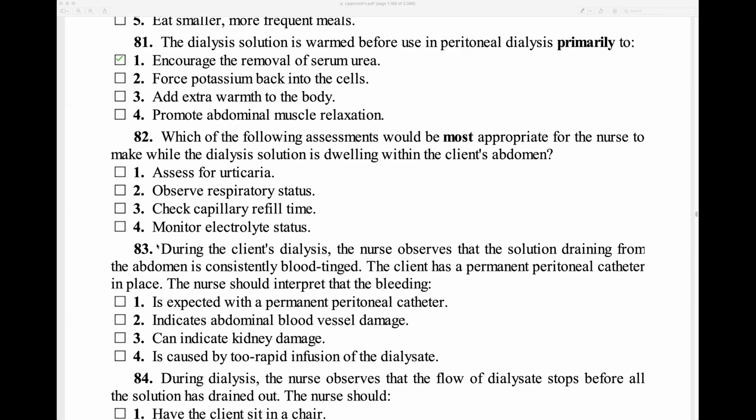All right, question 82. Which of the following assessments would be most appropriate for the nurse to make while the dialysis solution is dwelling within the client's abdomen?